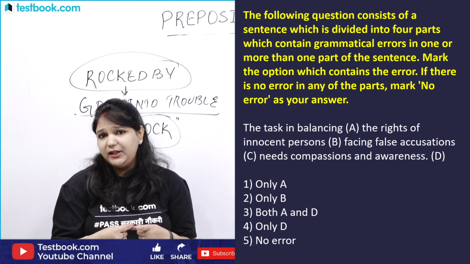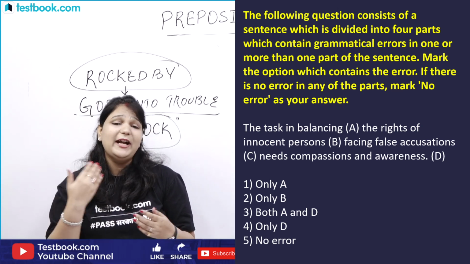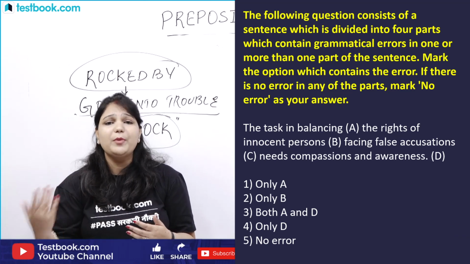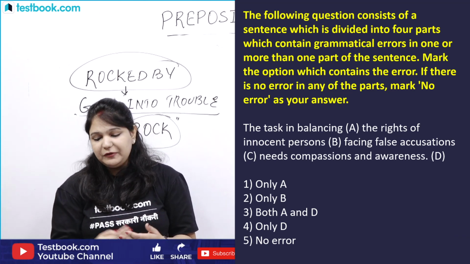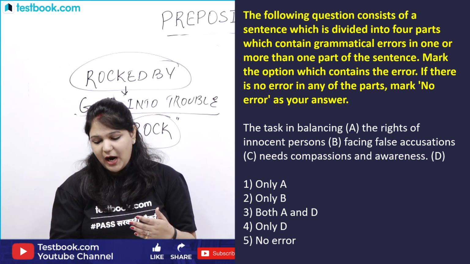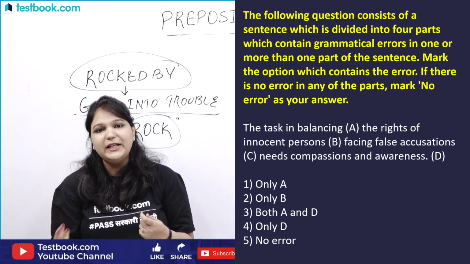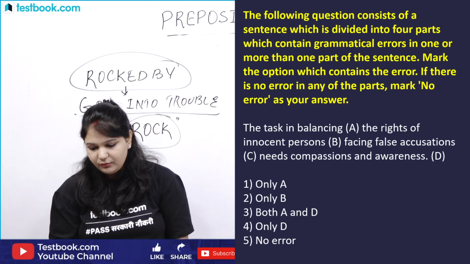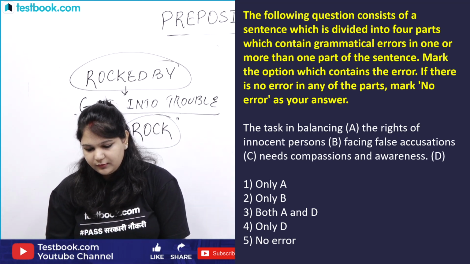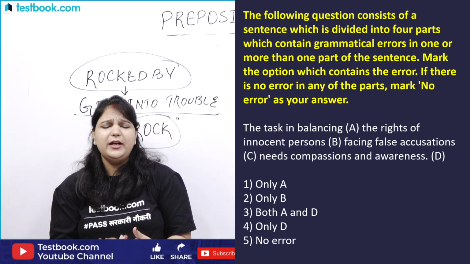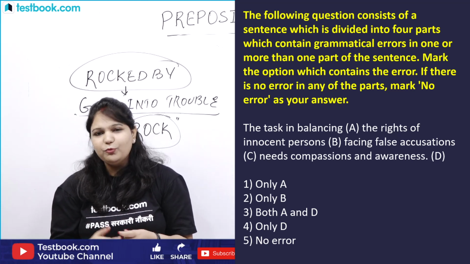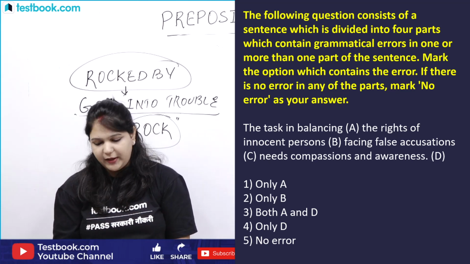That is option number 3. There we have A and D. So that might be one of the probable options as well. So if you find an error in only A part, just do not be in a hurry to go for that as the right answer. If you are saying there is an error in part A, kindly write what error you have found out there.